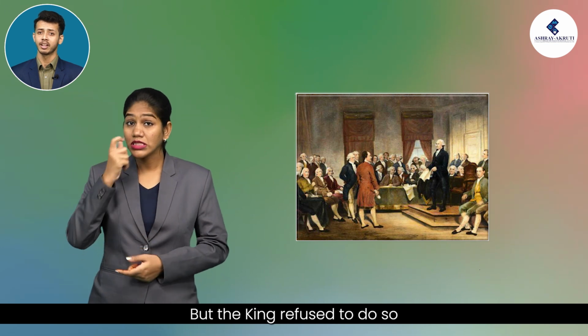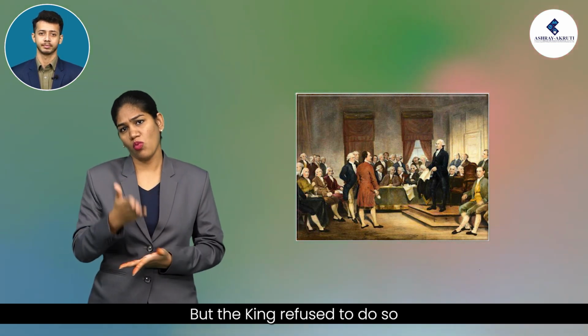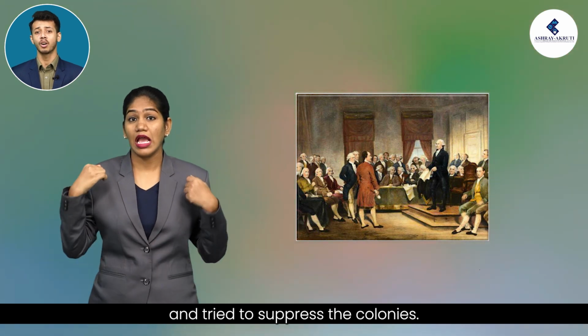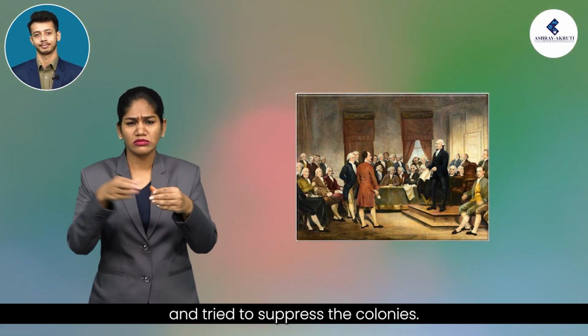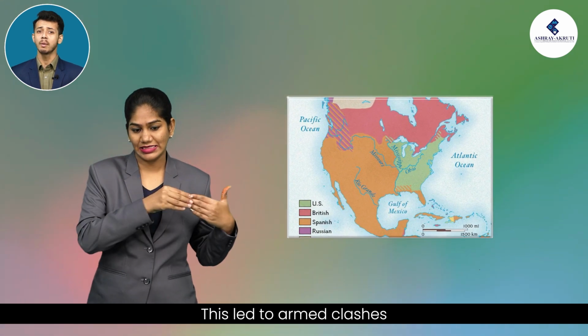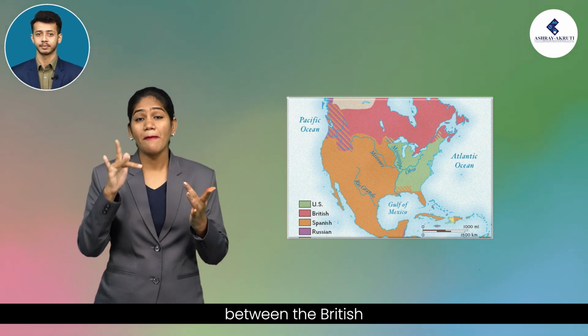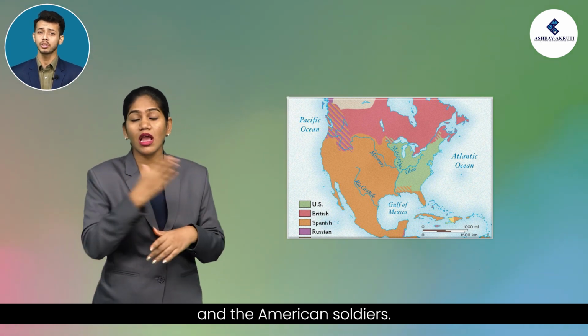But the king refused to do so and tried to suppress the colonies. This led to armed clashes between the British and the American soldiers.